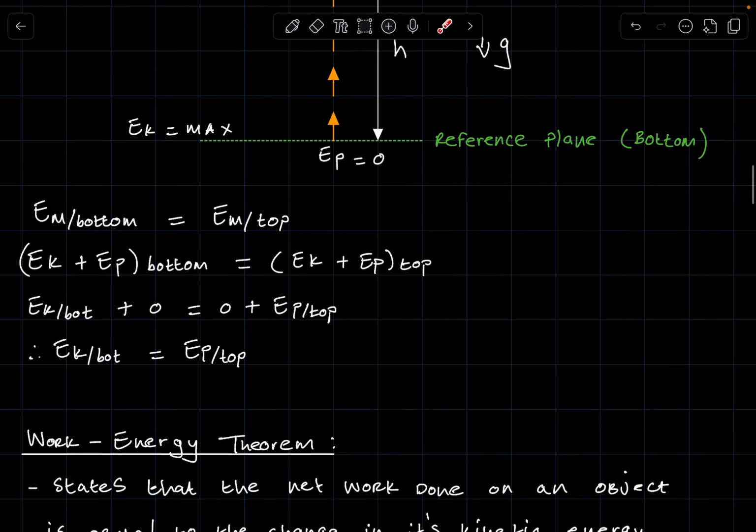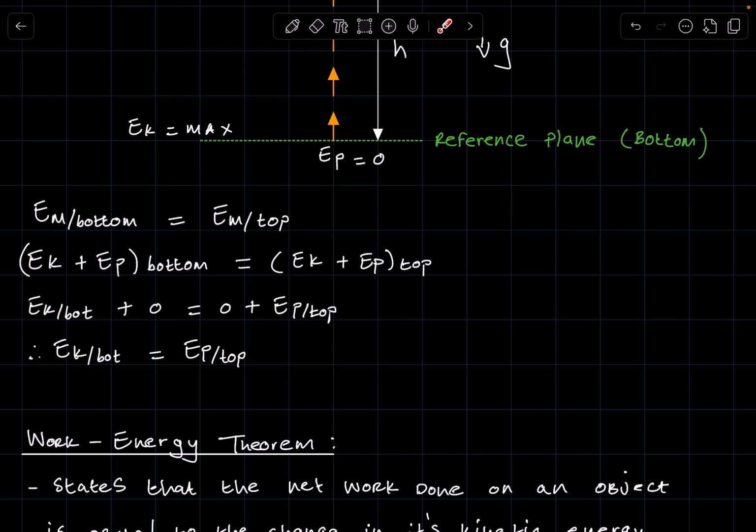And then essentially, if you get rid of the zeros, when looking at the mechanical energy at the bottom being equal to the mechanical energy at the top, this is what it comes down to: kinetic energy at the bottom is equal to potential energy at the top.